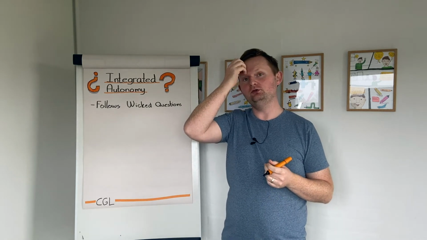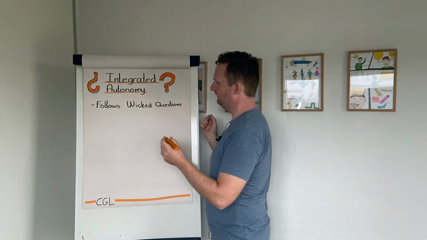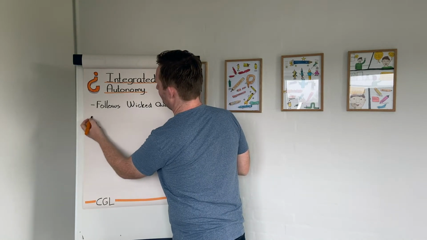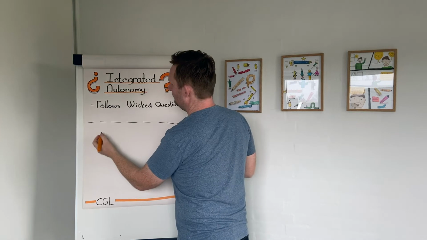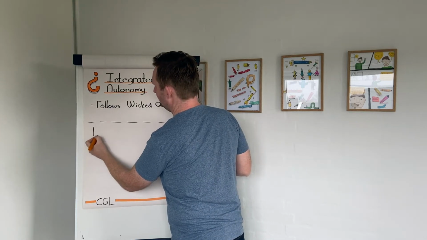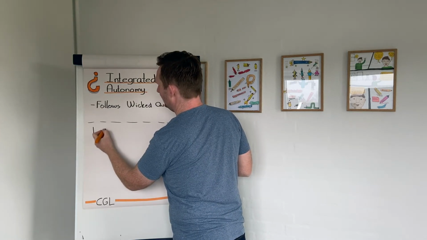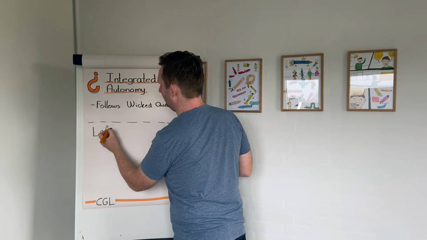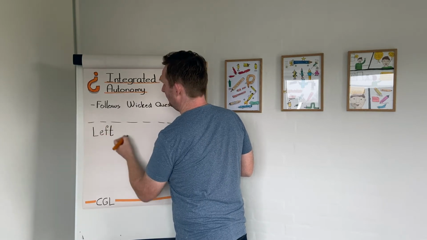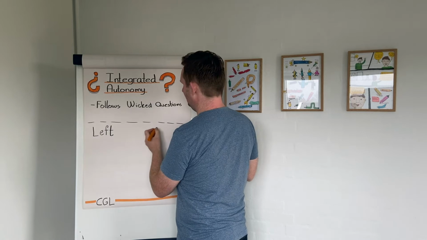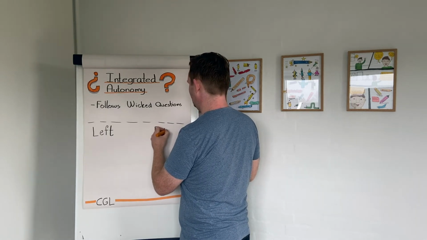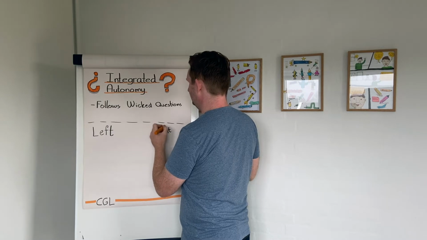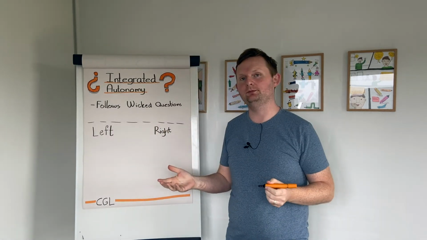So what you do then is you have the two sides. The left side could, for instance, be how is it that we can standardize things, and then we have the right side that could be how is it that we keep team autonomy.